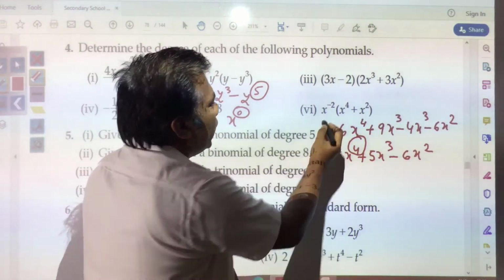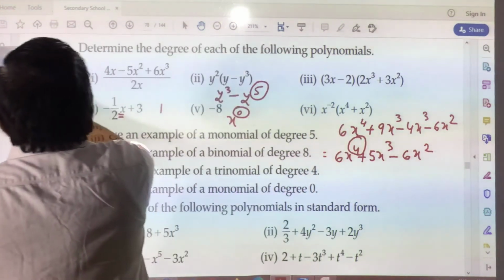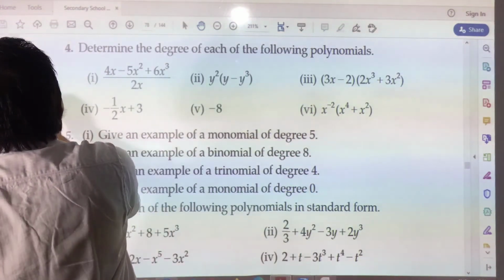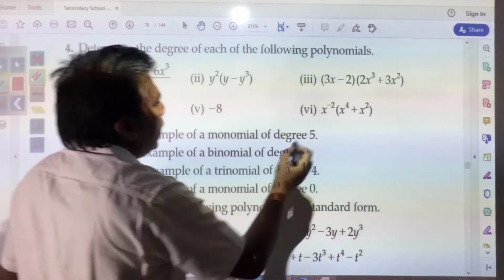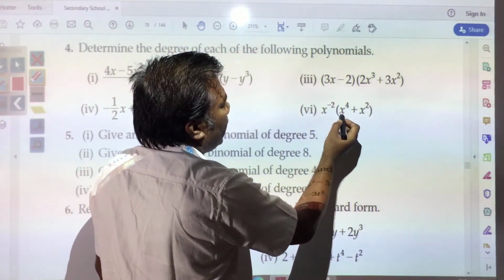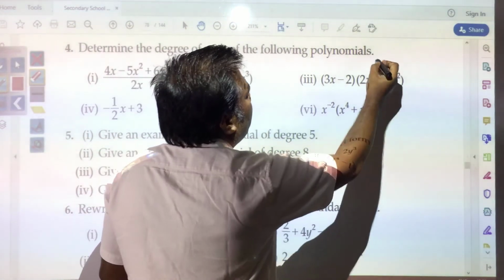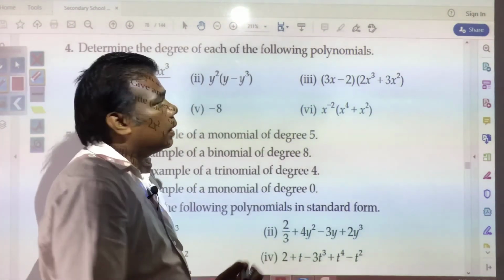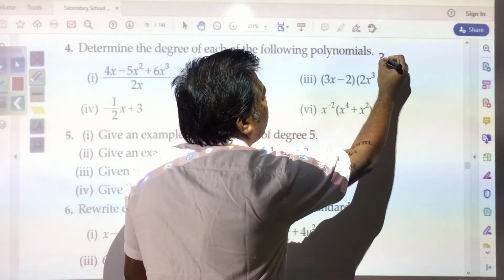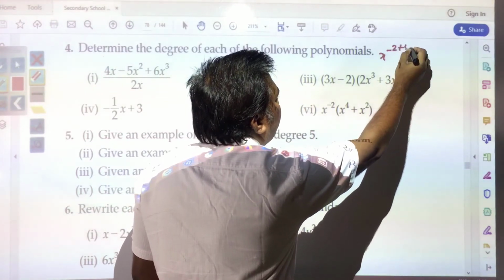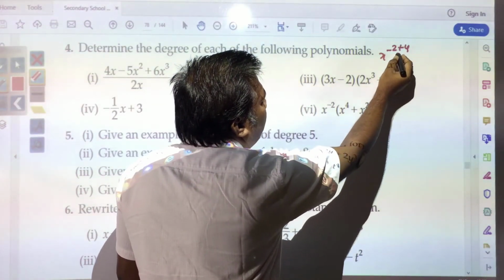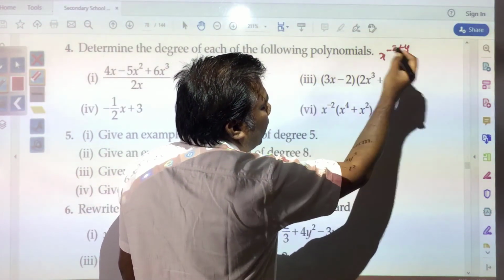Here you need to again simplify this. Here you multiply x to the power minus 2 into x to the power 4. It means a to the power m plus n. So, this will be x to the power minus 2 plus 4. 4 plus minus 2 will be 2.